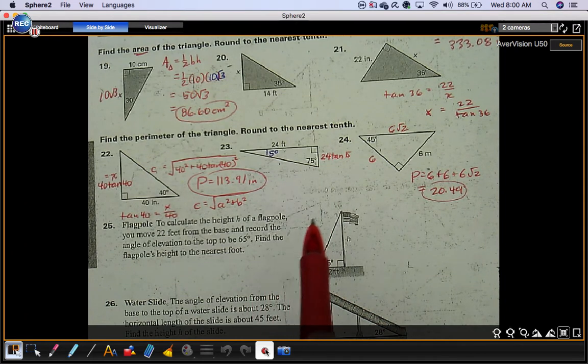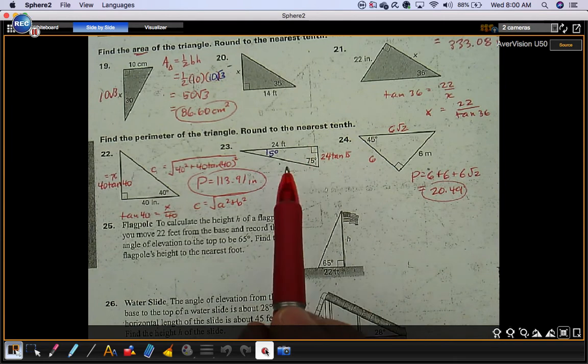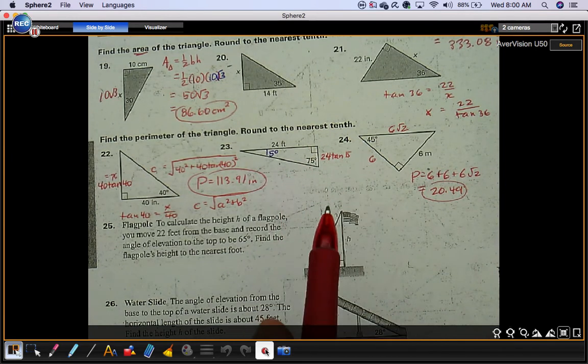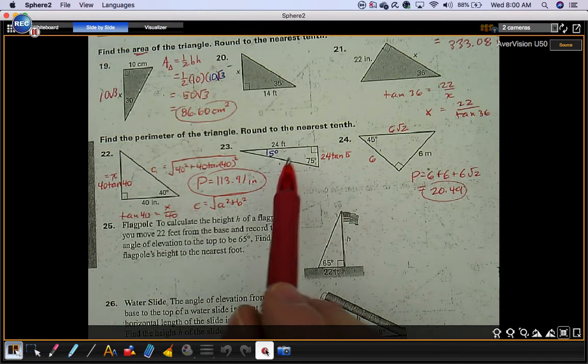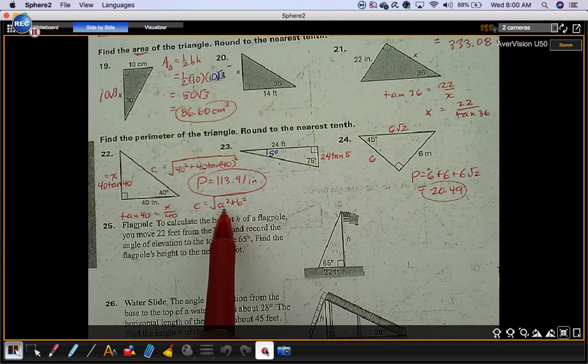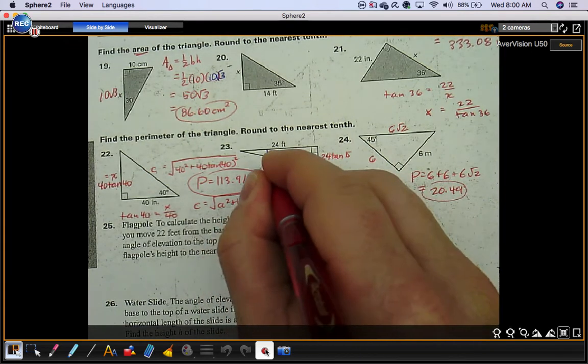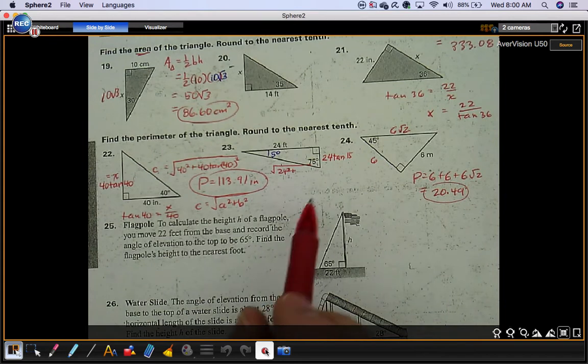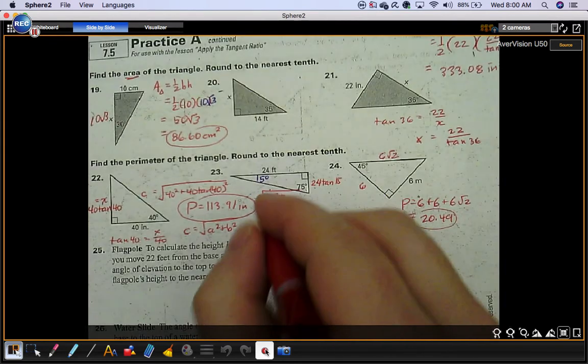Okay, so using the strategies that are available to me, I'm trying to find the best path for me to type the exact answer into the calculator. So for the hypotenuse, it's going to look like this. We want to do square root of 24 squared plus 24 tan 15 squared.